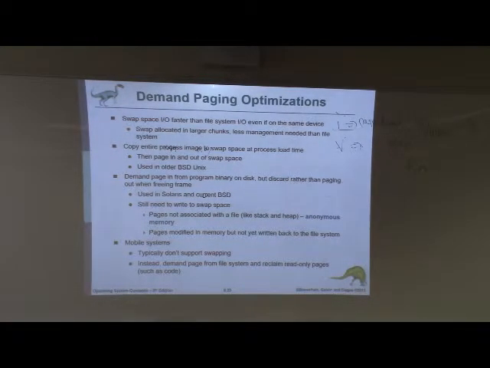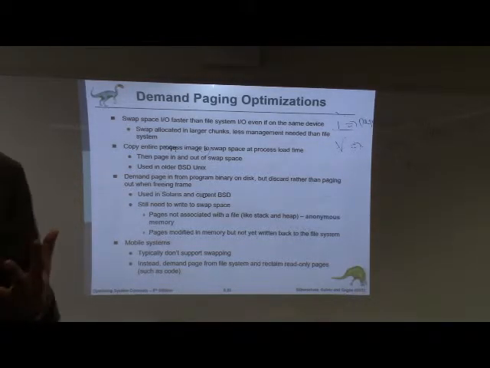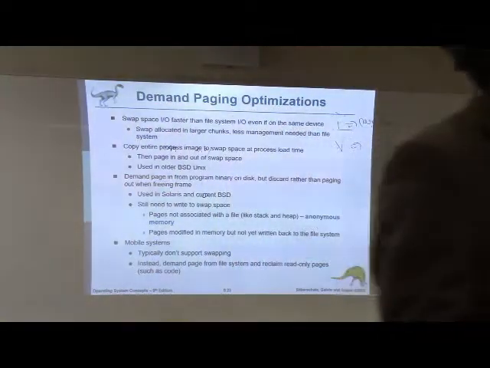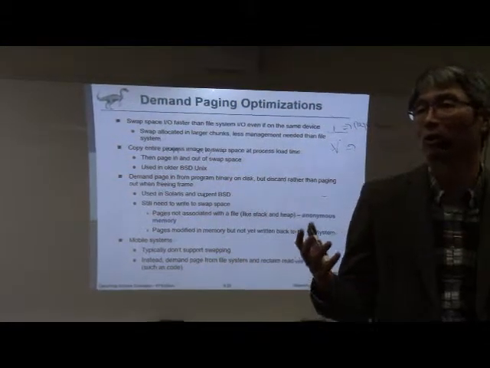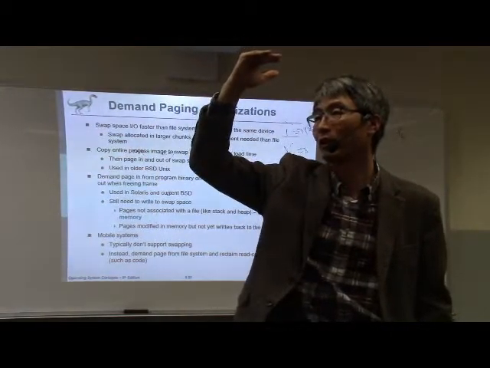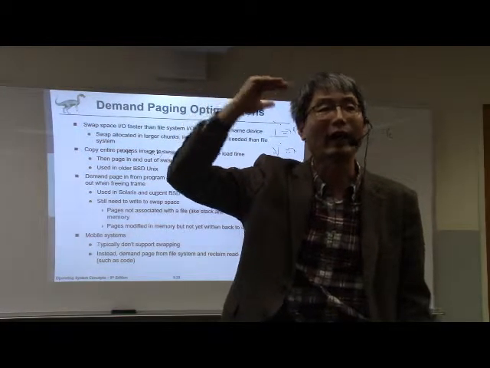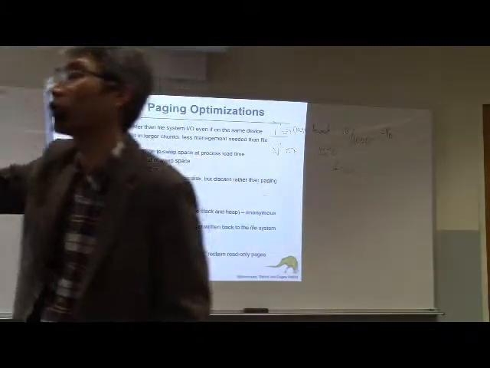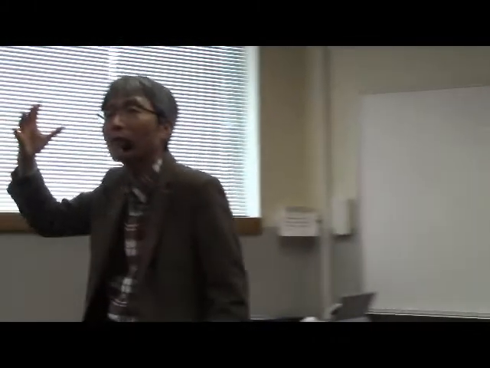Some operating systems try to optimize demand paging. If we implement it as extremely on demand as possible, which means there's no page in memory, the first page is definitely a page fault, and the second maybe a page fault too, a lot of page faults at the beginning.